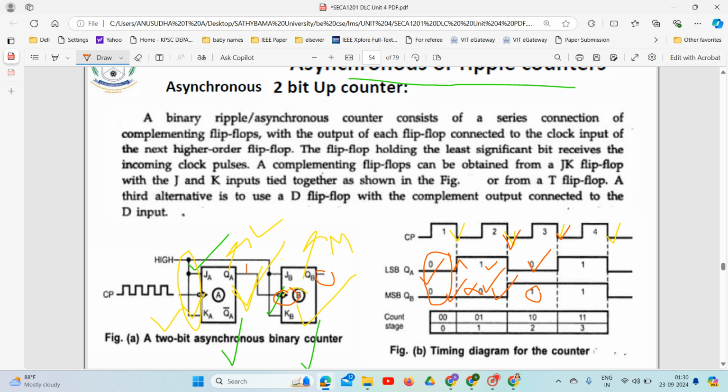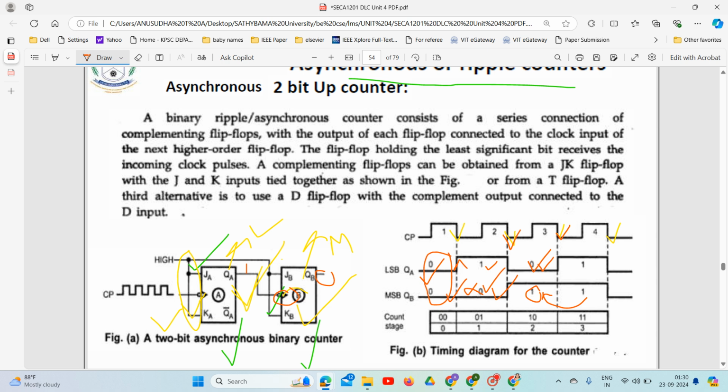Again my QA output is 0, so it won't toggle because QB also receives the same value. At the positive edge it retains the previous state.